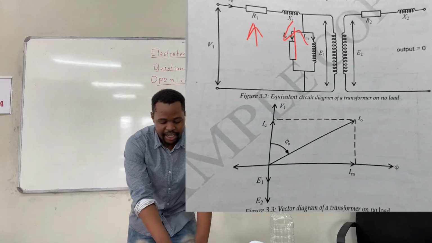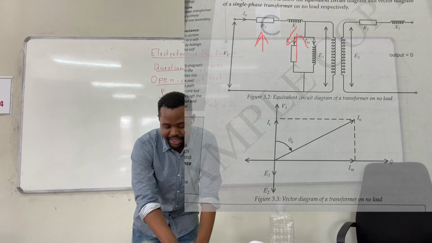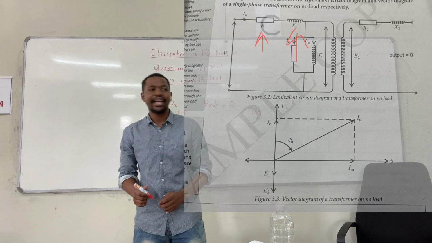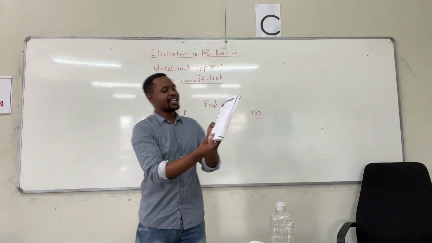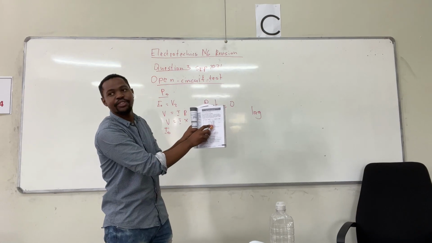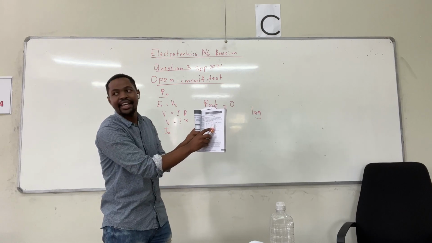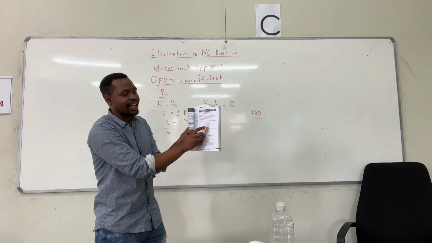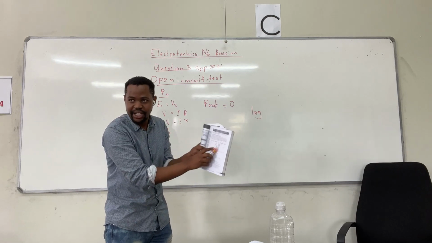R1 represents the resistance of the winding, and X1 represents the inductive reactance of this winding.